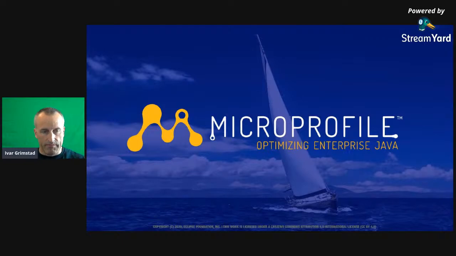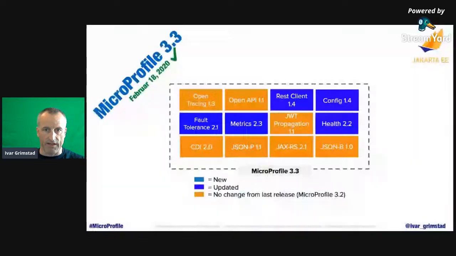So today I'll be talking about MicroProfile, and MicroProfile is a set of APIs that aim to solve common problems with microservices. It's based on standard Java EE technologies such as CDI, JSON-P, JAX-RS, and JSON-B, which are all technologies that are useful to have when you implement a simple REST service.